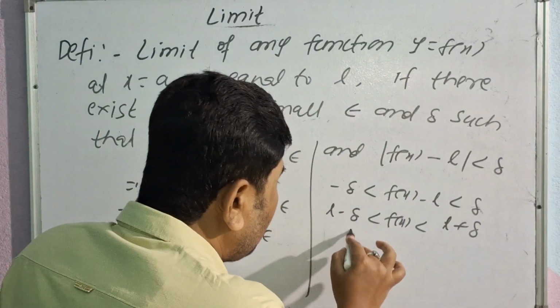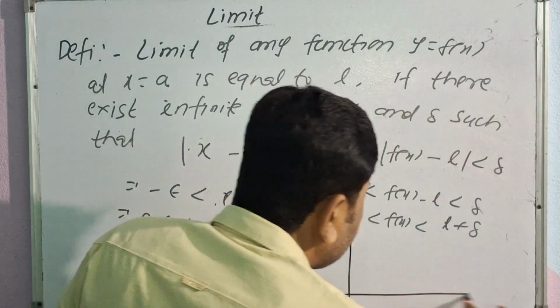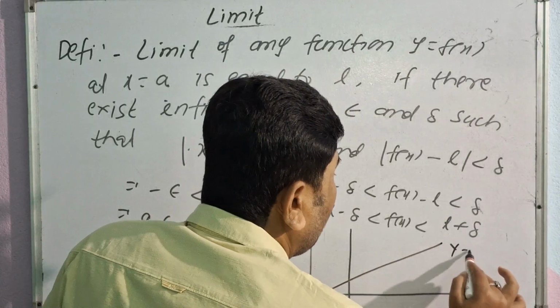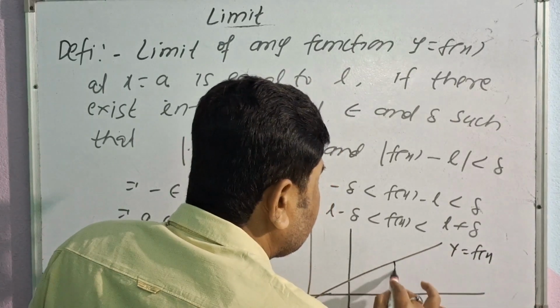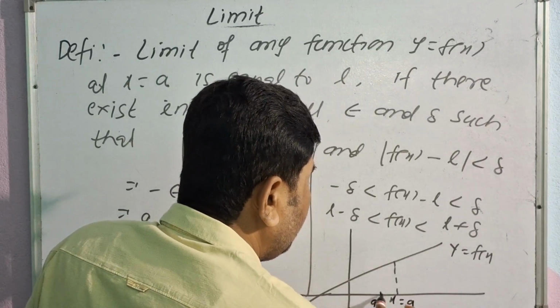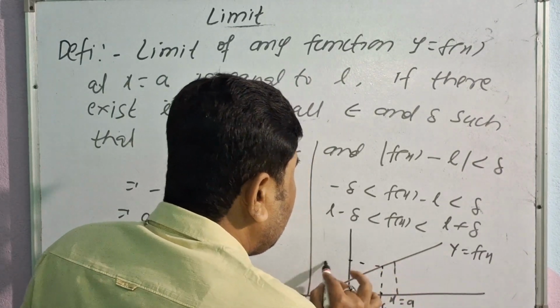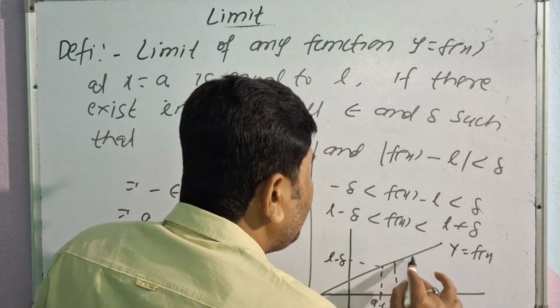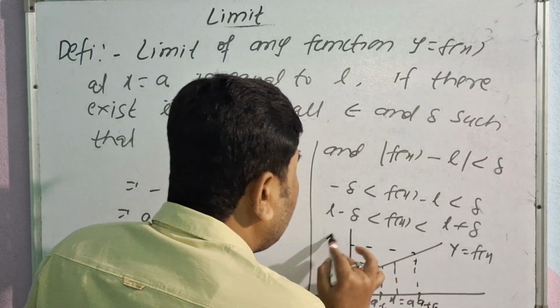We can draw the graph in such a way that if this is the graph of y equal to f(x), and here it is x equal to a, then at a minus epsilon this value is L minus delta, and at a plus epsilon this value is L plus delta.